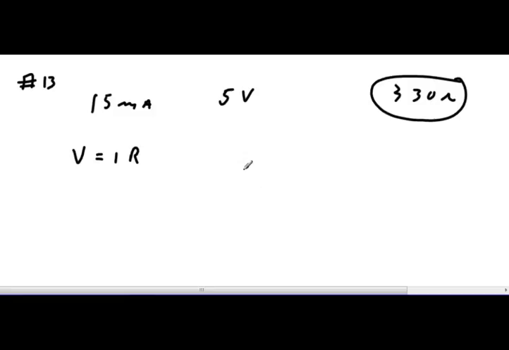So I want to calculate R. R is equal to voltage divided by current. Do I know the voltage? 5 volts minus the voltage drop across the diode, which is how much? 0.7. 1.4 volts for a light emitting diode.